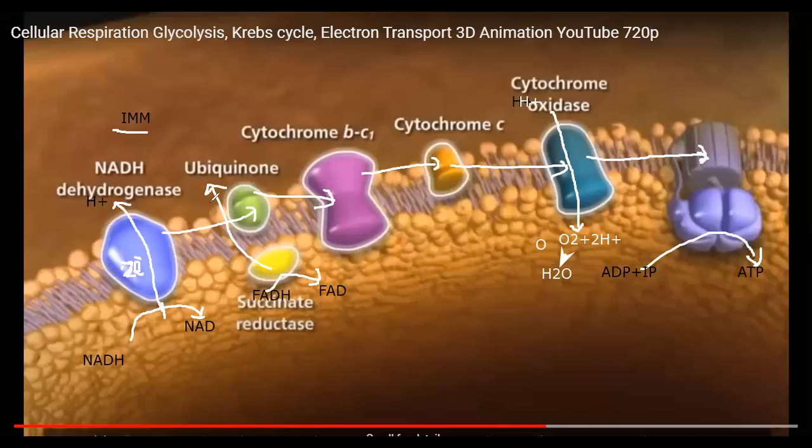Why not through the other enzyme complexes? Simple logic: cytochrome C oxidase has the permeability for H plus ions. The remaining enzymes are impermeable for H plus ions. So H plus ions can come back to the mitochondrial matrix only through this enzyme complex.